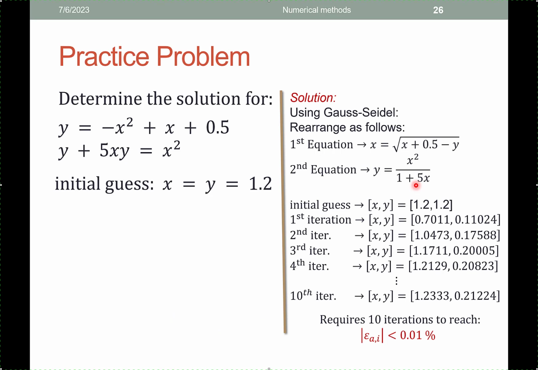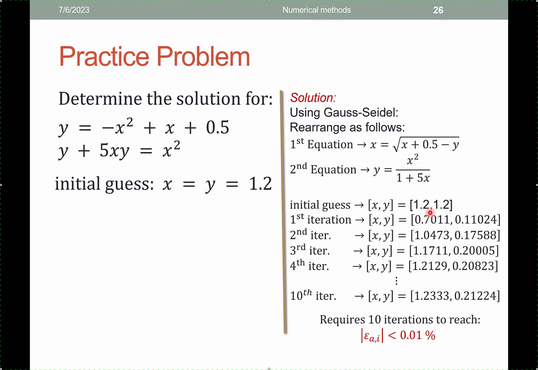Other than that, we have a practice problem here. So this is going to be essentially a nonlinear system, where you have two variables, x and y, with initial guesses of 1.2, and you want to rearrange the equations. So this would be equation 1, and this would be equation 2 rearranged, and solve using the Gauss-Seidel method.